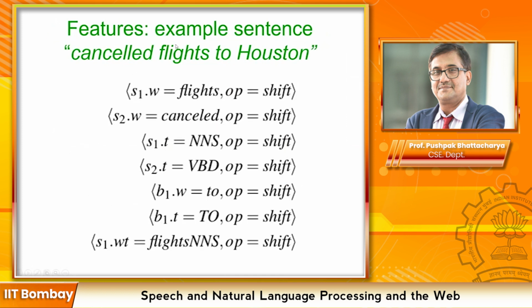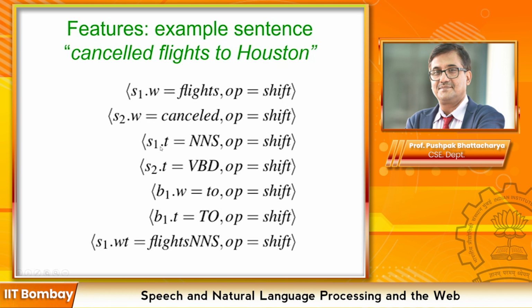then this classifier will need features. So for example, if you have a sentence "cancelled flights to Houston", then the features are s1.w is equal to flights. That means the top of the stack is the word flights, and then the operator should be shift. The second element of the stack is cancelled. Okay, operator is again shift.